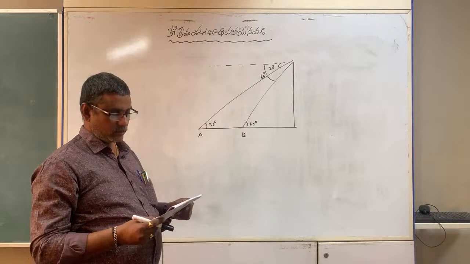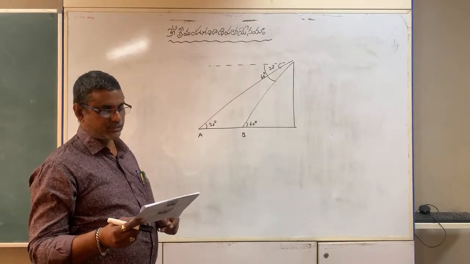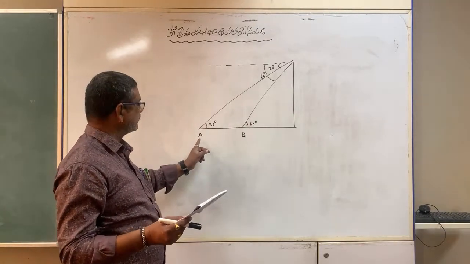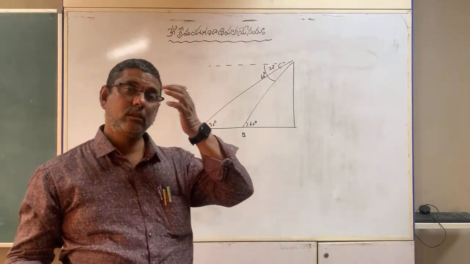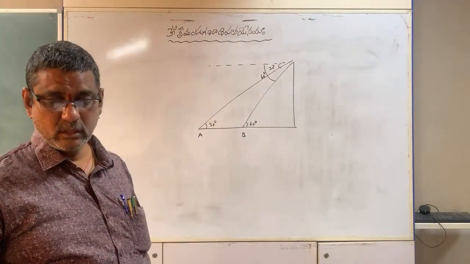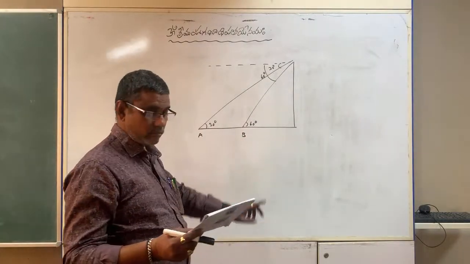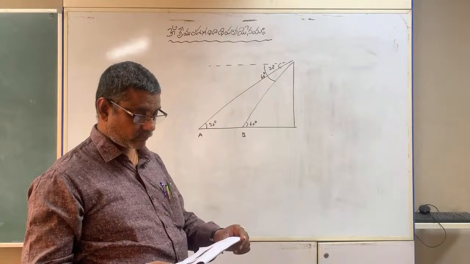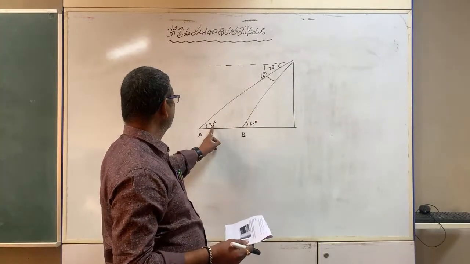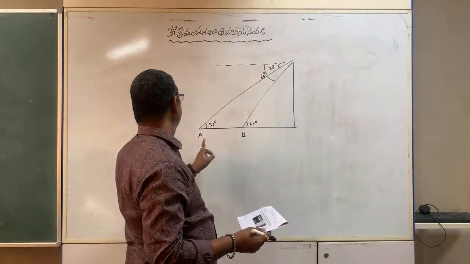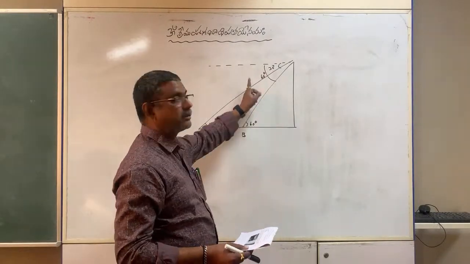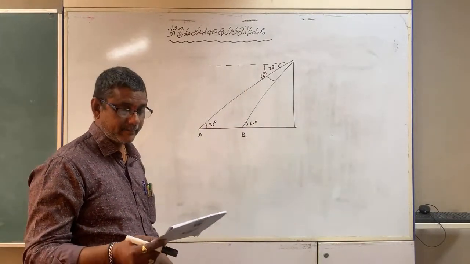So the boat took 6 minutes to reach from A to B. The angle of depression at position A is 30 degrees and at position B is 60 degrees.